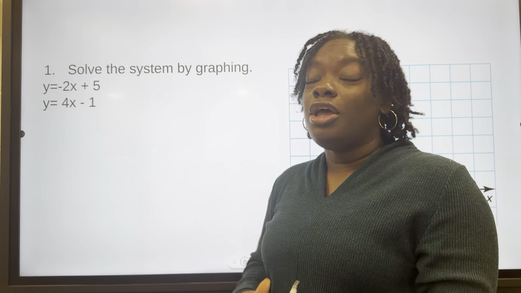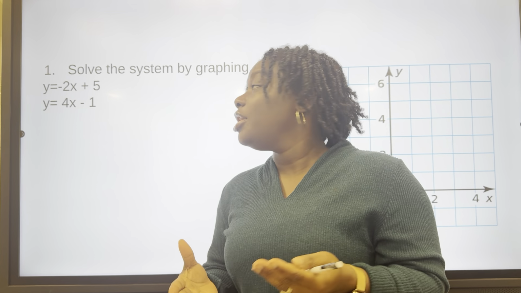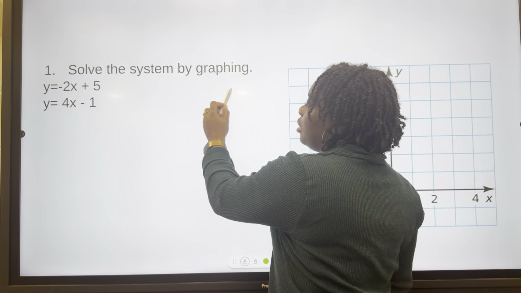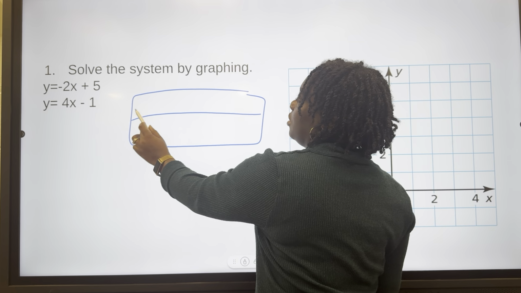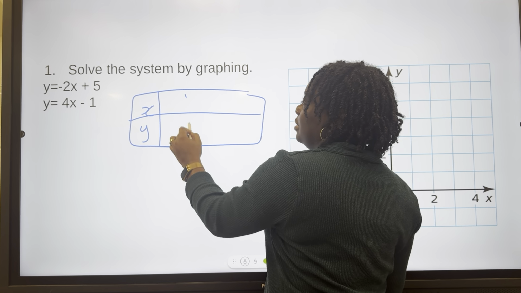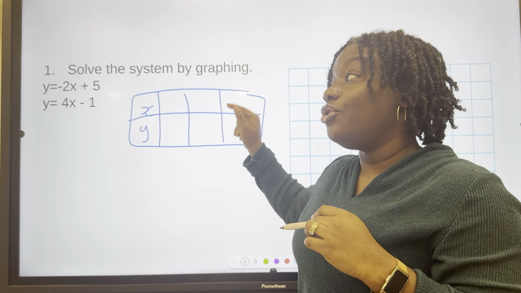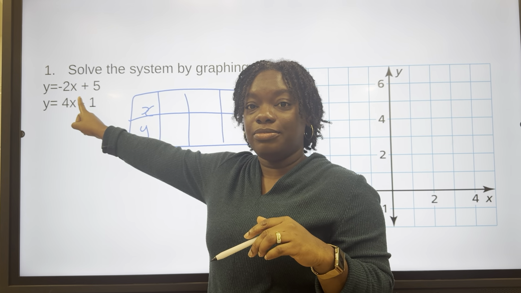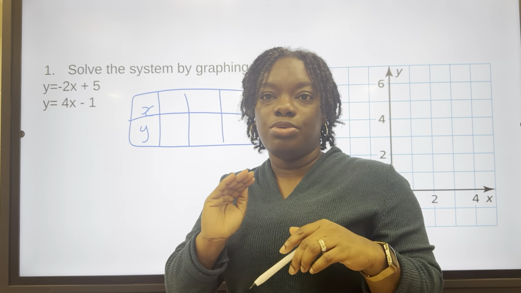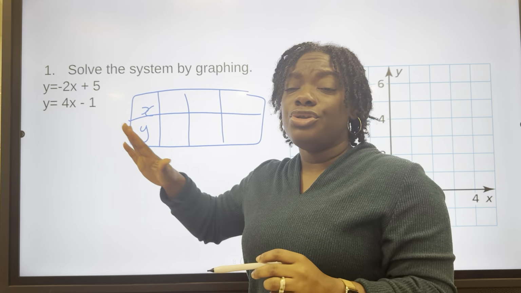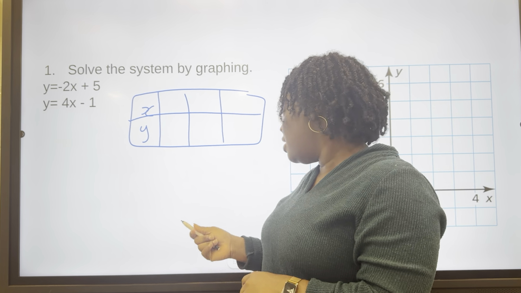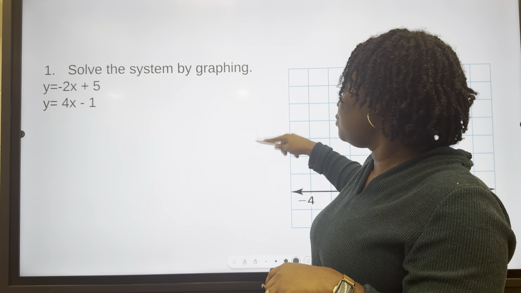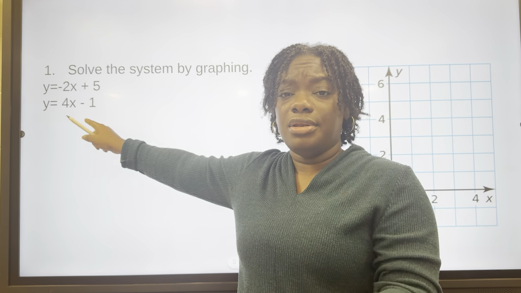When you're graphing the equations, you can use more than one method. You have the table of values, or you can have it written in slope intercept form and use that to find 2 points. I'm going to be using that form today because the equations are already written in slope intercept form.